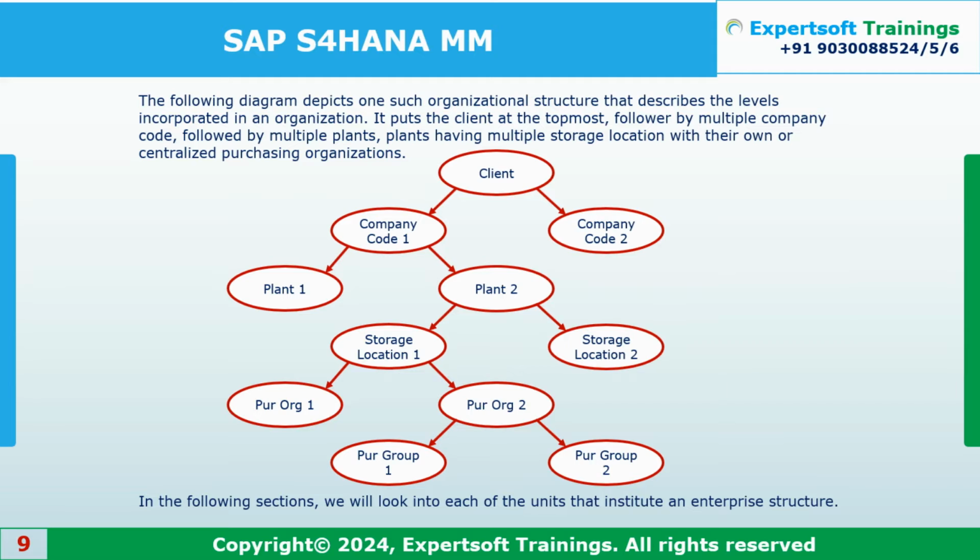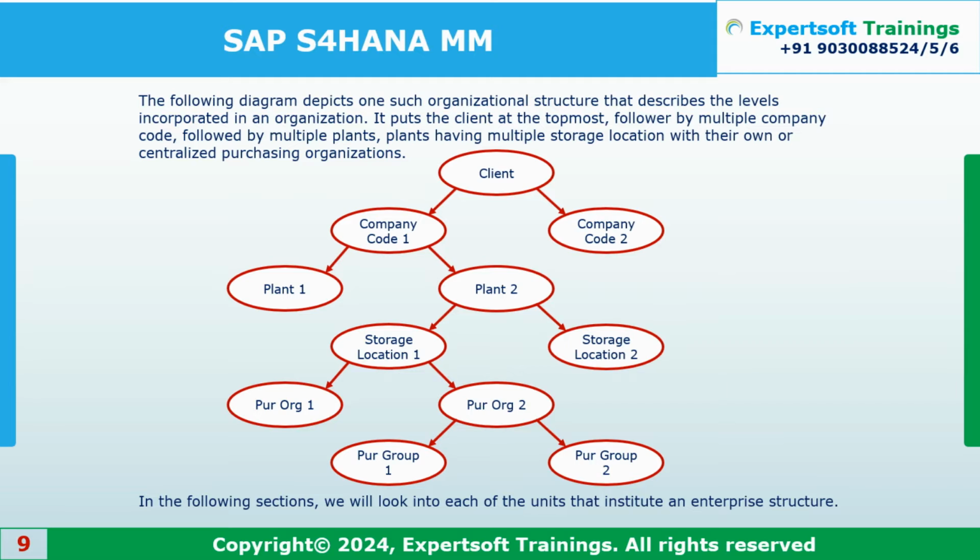These are very important to store all the required raw materials, spare parts, consumable materials, any kind of office stationery, everything. Non-inventory material we will not keep in storage locations, but every plant has to have at least a single storage location. That is important as per SAP standard functionality.